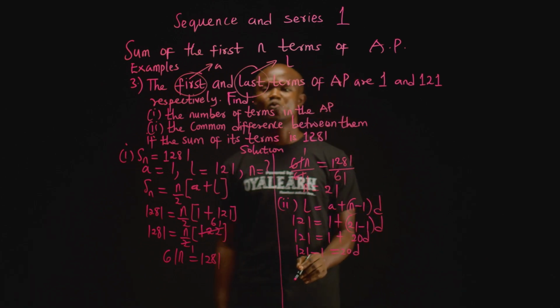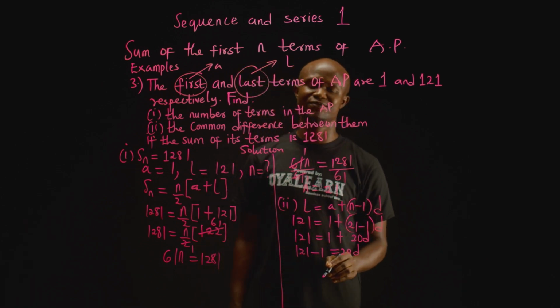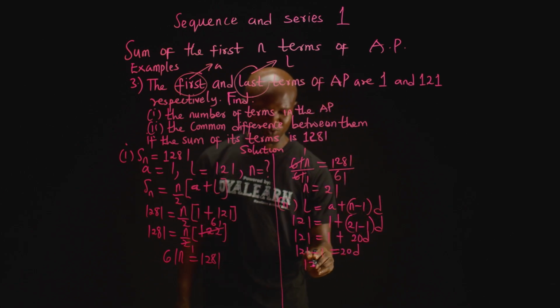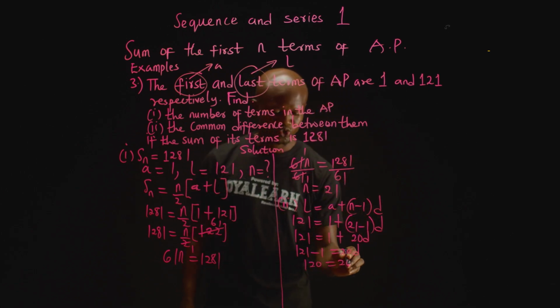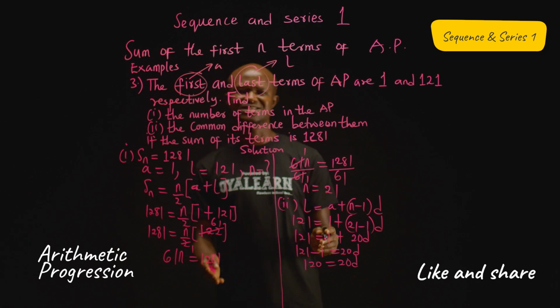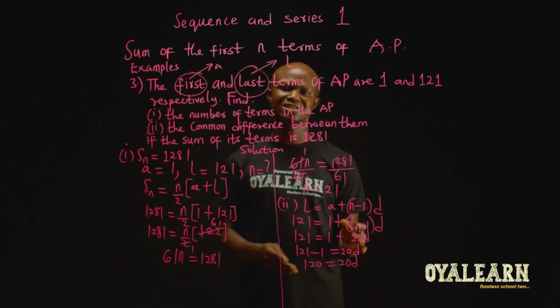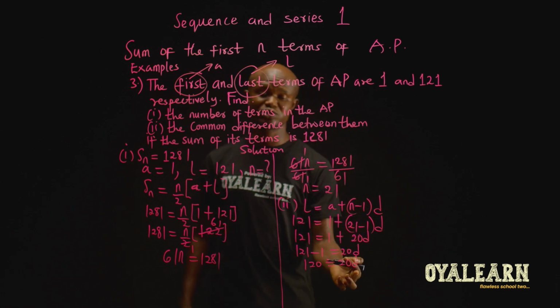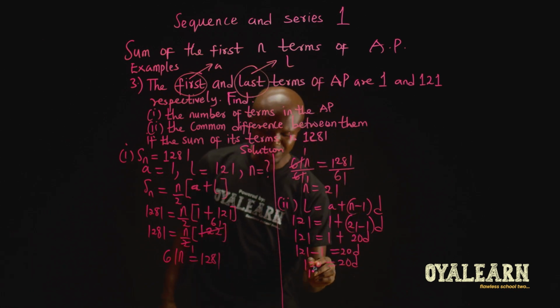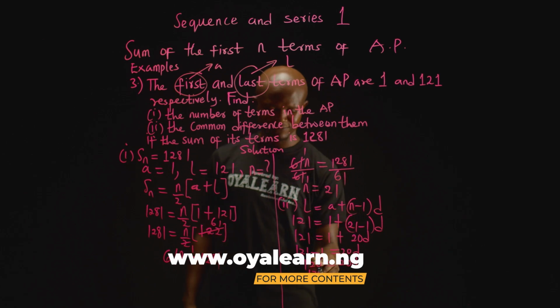So 121 minus 1 will give us 120. So we have 120 equals 20d. What is the next thing to do? The next thing for us to do is to divide both sides by 20 because we want to find d. So dividing both sides by 20, what are we going to have?